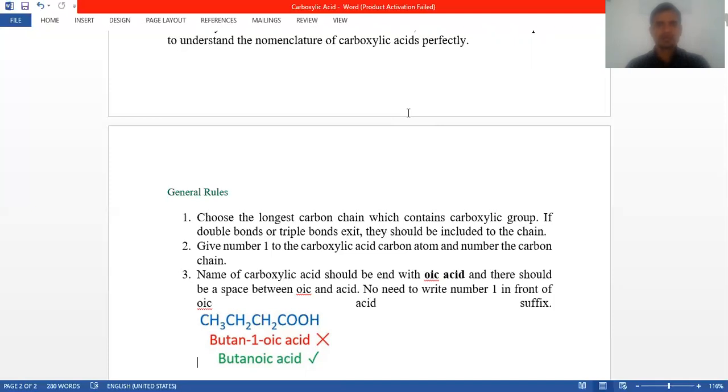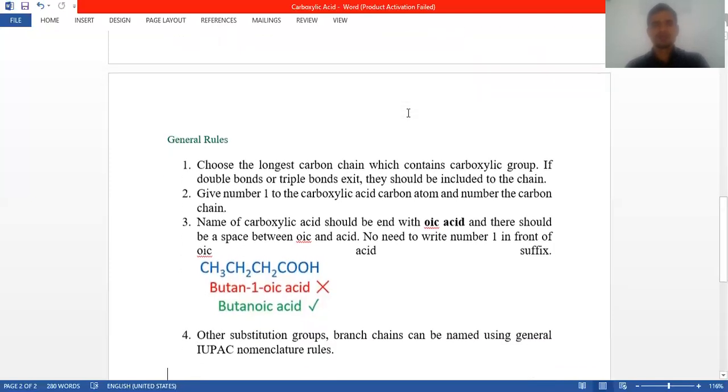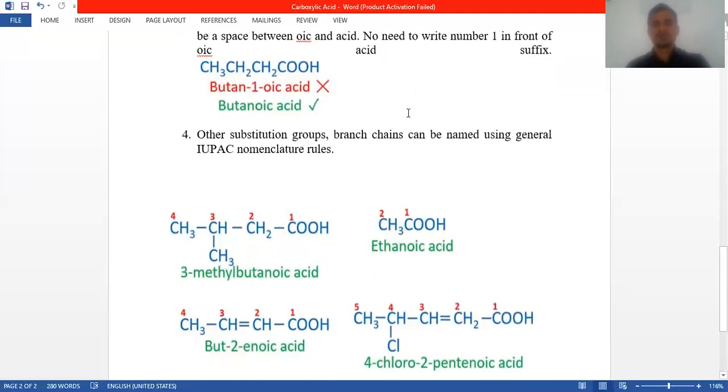The third rule: the name of the carboxylic acid should end with oic acid, and there should be a space between oic and acid.